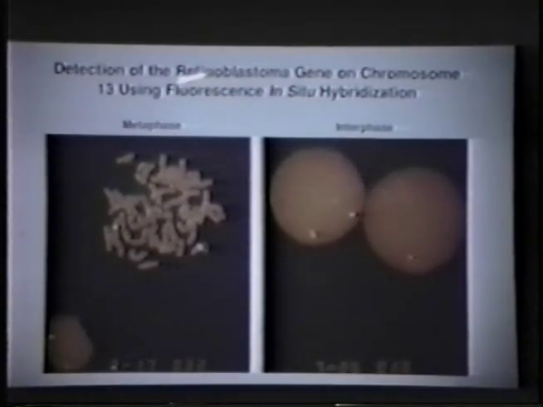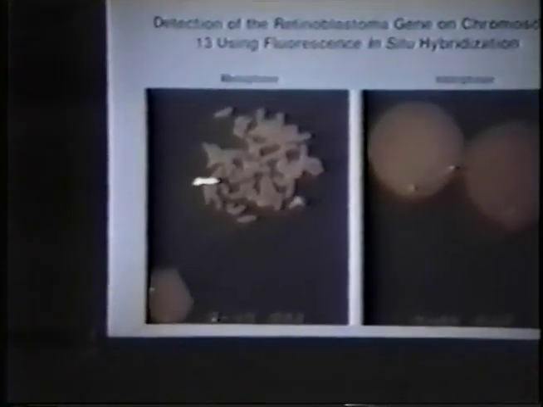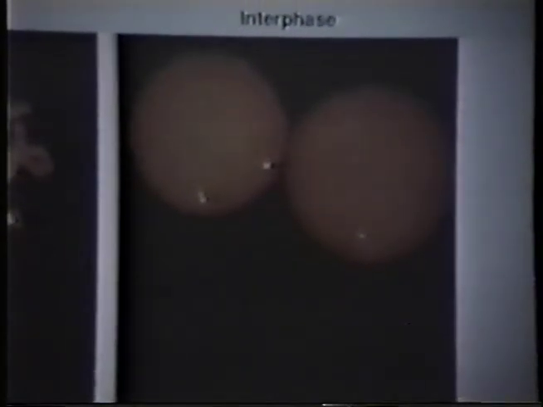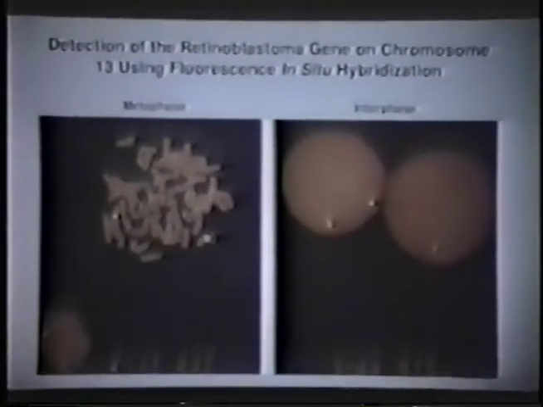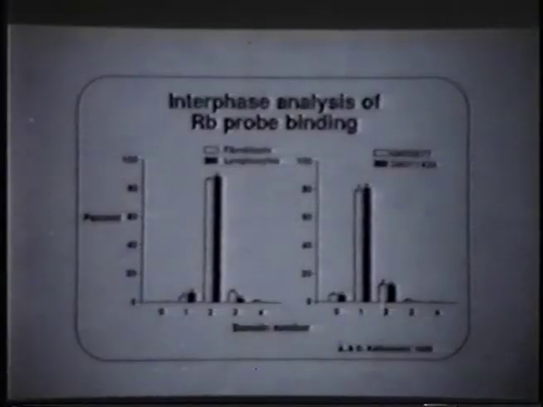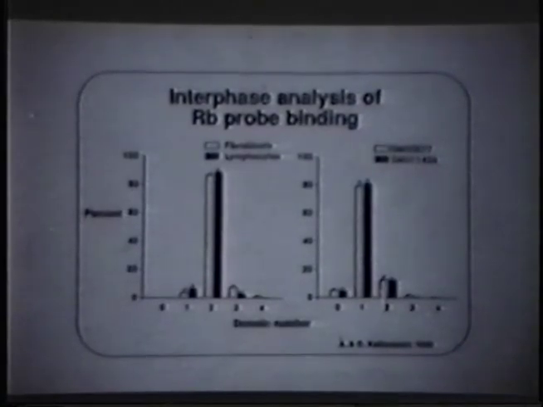Turns out that inactivation of both copies of this gene typically leads to retinoblastoma in children. Here you can see very clearly the presence of the retinoblastoma sequence or gene on chromosome 13 here in metaphase, and here in interphase. And so it's a straightforward assay to actually use these probes and then to do a quantitative analysis of probe copy number.